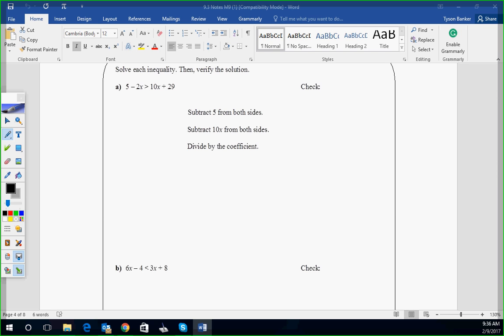Okay, so solve the inequality. So again, the x is the problem. They're on both sides. Again, move the smallest one if you can. It's easier if you do that. Because we don't care what side the x is on to solve for. It doesn't matter. So add 2x, 5 greater than 12x plus 29, minus 29, negative 24 is greater than 12x.